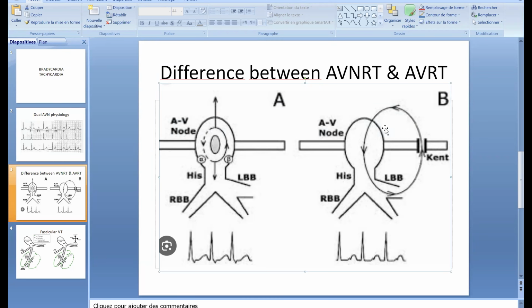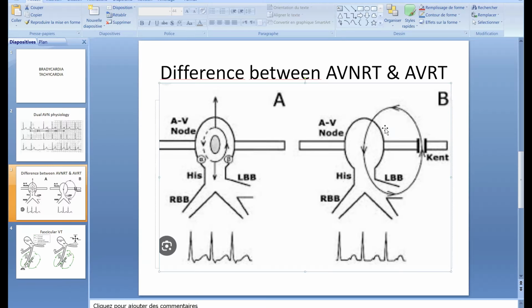The second question, in the same topic, was what is the difference between slow-fast AVNRT and fast-slow AVNRT? The difference is just the pathway that we take during tachycardia. In atypical tachycardia, the two most frequent types are fast-slow and slow-slow.